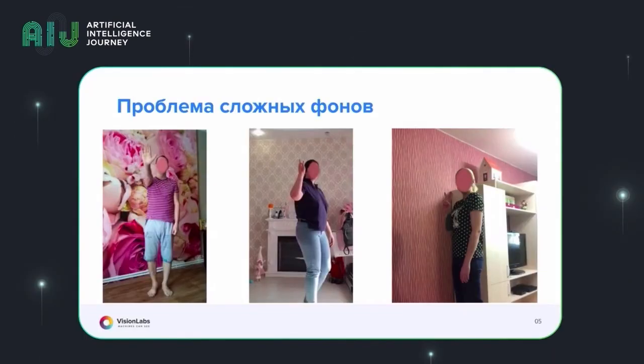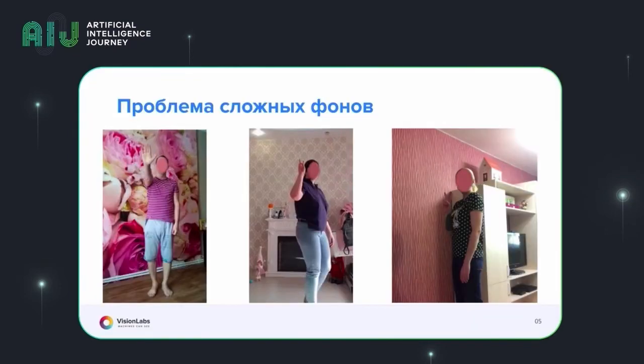And the first problem we had to deal with was the problem of difficult backgrounds. At some point, we realized that the model finds it difficult to recognize gestures made on a multicolor or patterned background. The first way to address this challenge would be to take a model which would segment out the human from the picture and send it to the gesture recognition model.